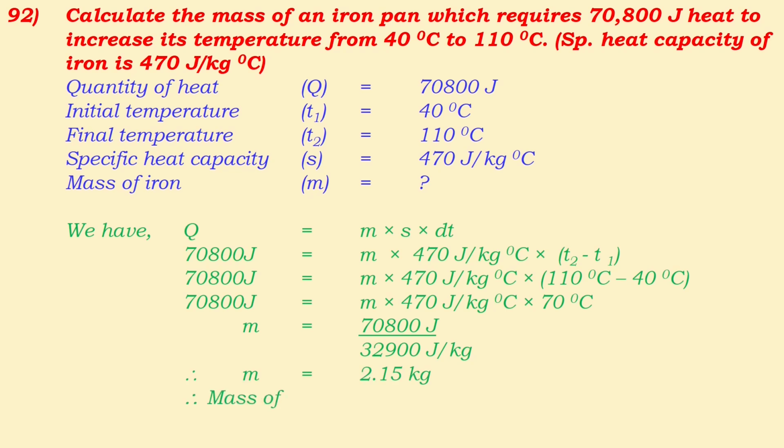Therefore mass of iron is approximately 2.15 kilogram, because after the decimal point I have taken just 2 digits, 1 and 5. After that some digits are ignored, so I am writing approximately.